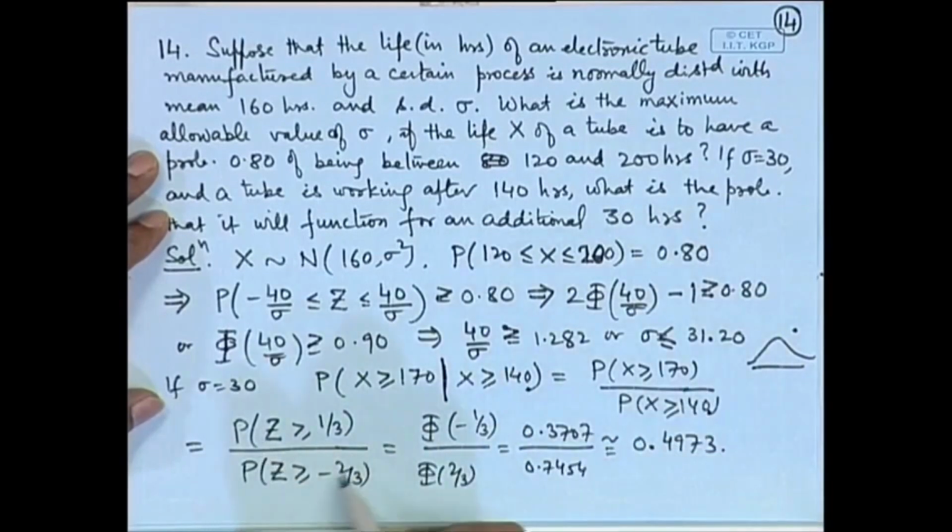After transforming to the standard normal probability function, this value can be evaluated and it is approximately 50%. That means, if the item has already worked for 140 hours, the probability that it will work for another 30 hours is nearly half.